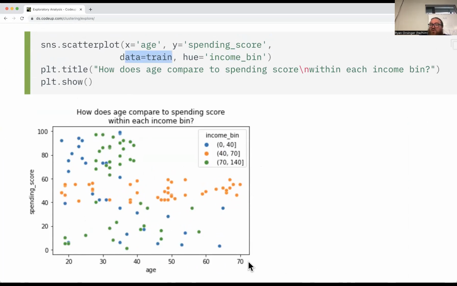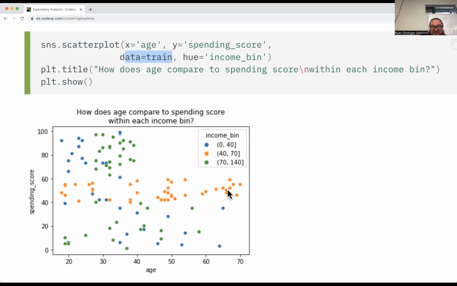So what we're doing with these interplays is if we have a categorical that we want to control for, we turn it into a set of bins. And then we view the other pieces of data through those 3 bins. So right now we are viewing all of age, all of spending score through the 3 bins of income: 0 to 40, 40 to 70K, and 70K up.